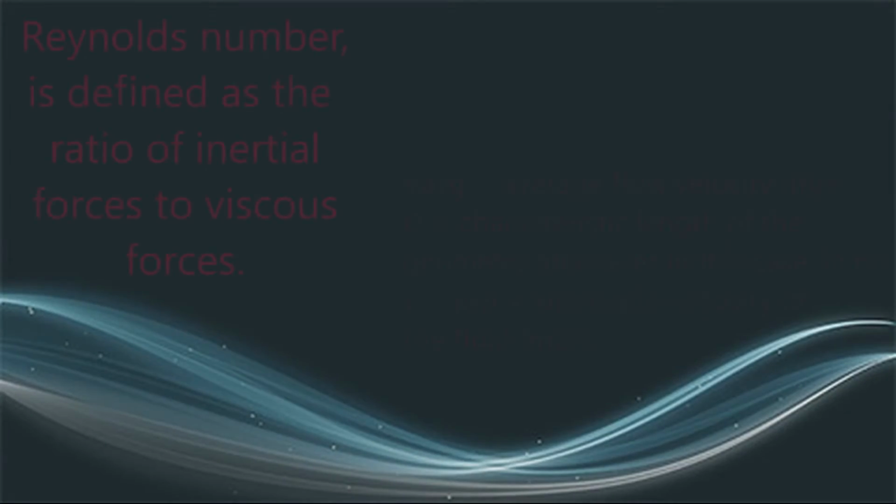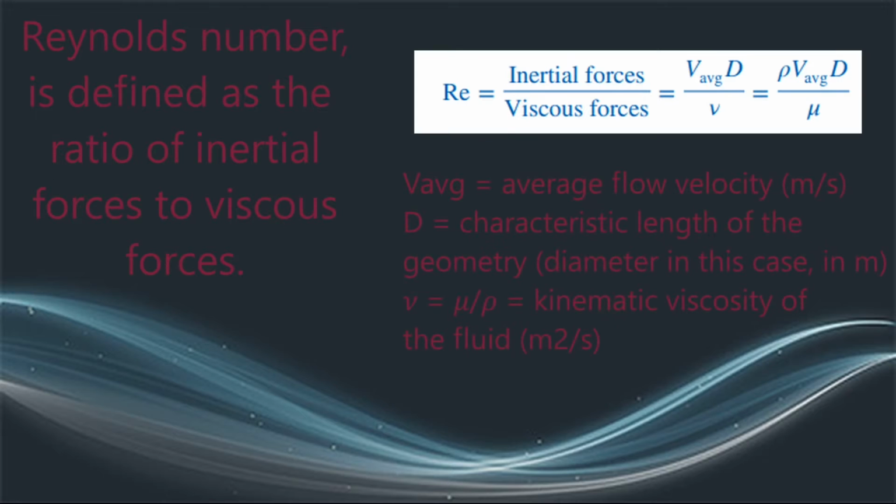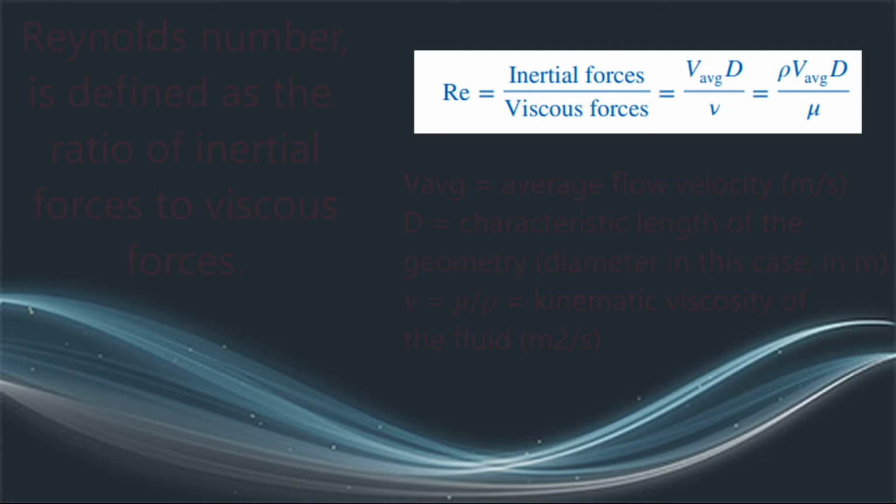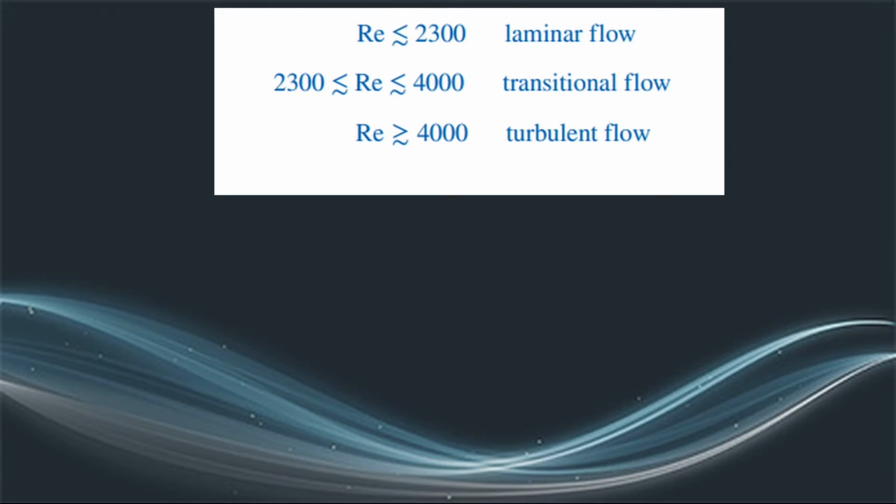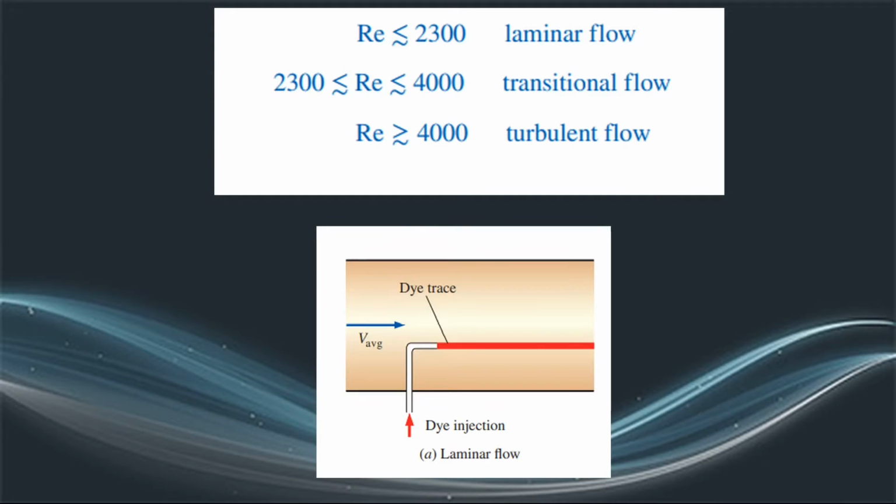Reynolds number. It is defined as the ratio of inertial forces to viscous forces. Now, what is the Reynolds number used for? The Reynolds number helps us determine whether the fluid flow pattern is laminar or turbulent. The number has no unit; it is dimensionless. 2300 is the reference number: if the Reynolds number is less than or approximately 2300, the fluid regime is laminar flow.